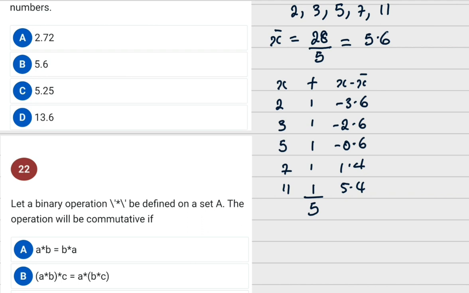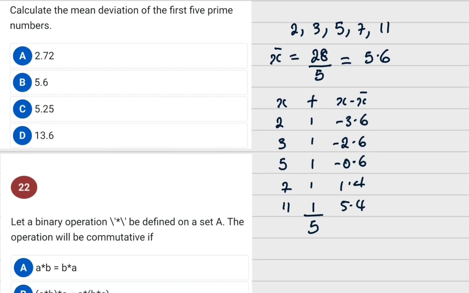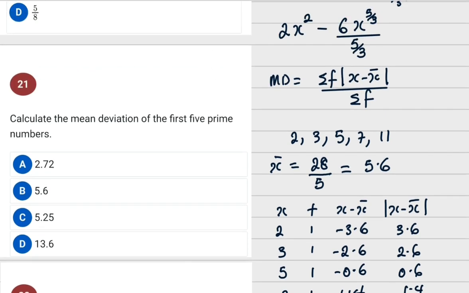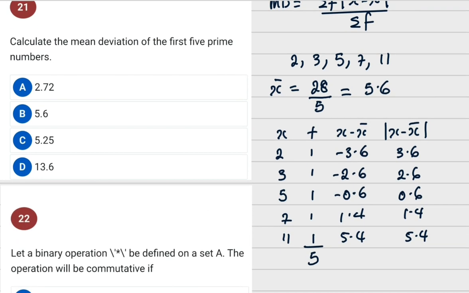Now remember, we need the absolute value because the formula uses the absolute value. So x minus x bar, absolute, of course, means the positive value. So this is going to be 3.6, 2.6, 0.6, 1.4, then 5.4. There is no need of saying f into because the f is 1 each.